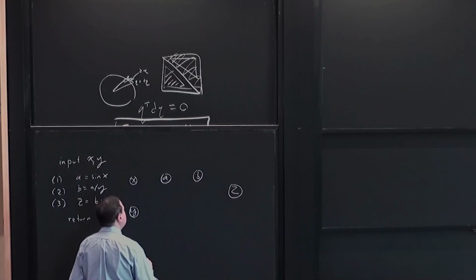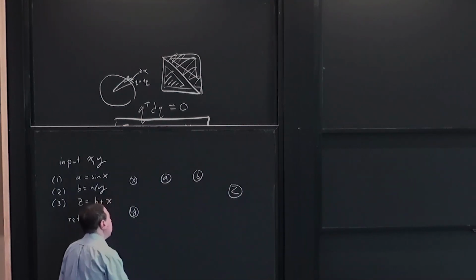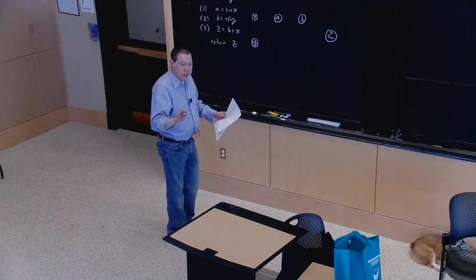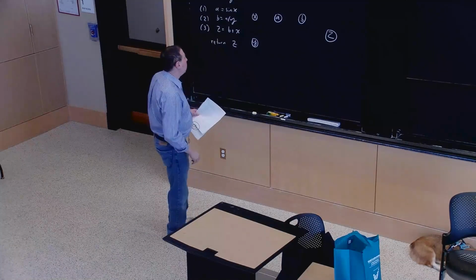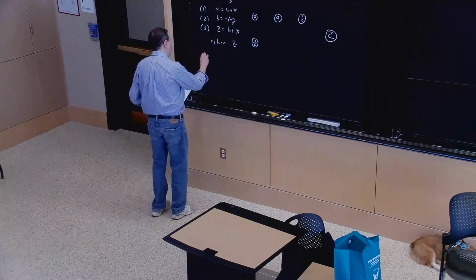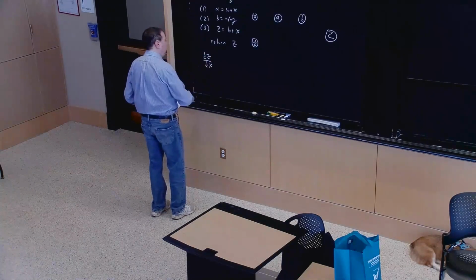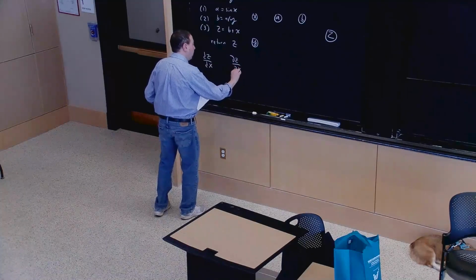I want to make a distinction between dz dx and partial z and partial x.